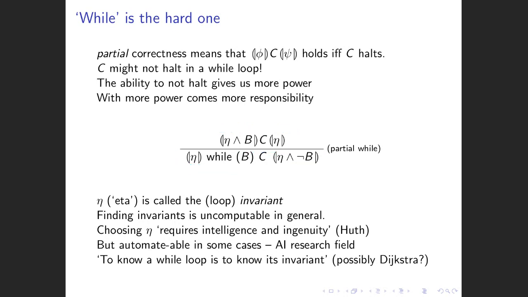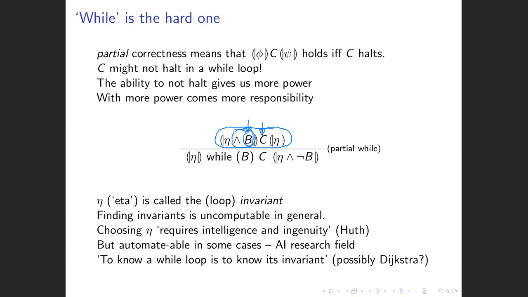There's a bit of extra logic here around the B, which is easier to understand. B is the condition, B for Boolean. You know, while the sun is shining, paint more things blue. So you can see some extra detail. This input only has to work when B is true, because you're only ever going to execute command C if B is true, if the sun is shining. So that's weakening the input condition. You don't need this general precondition of only the invariant being true.